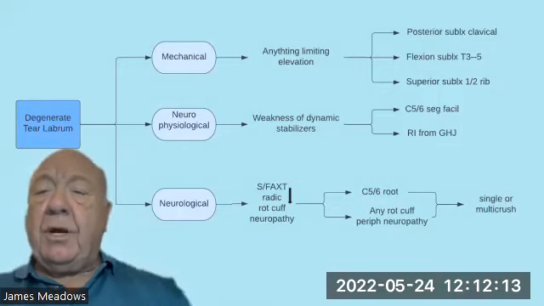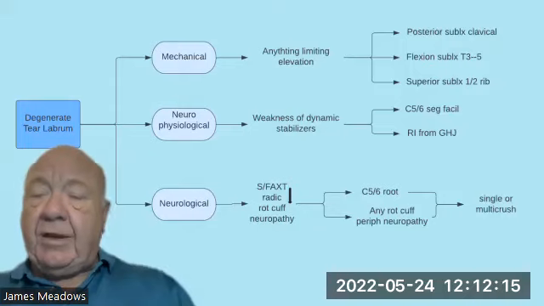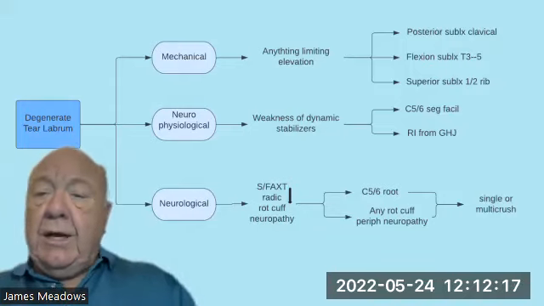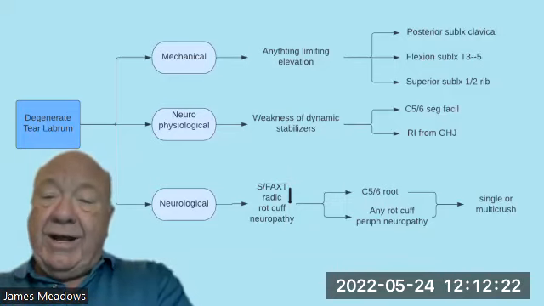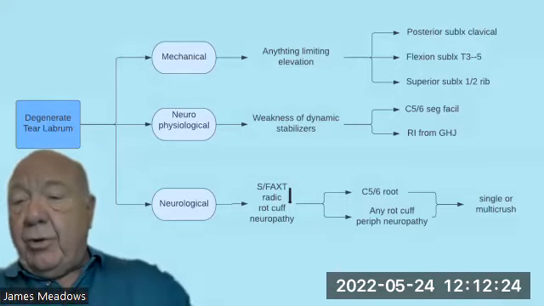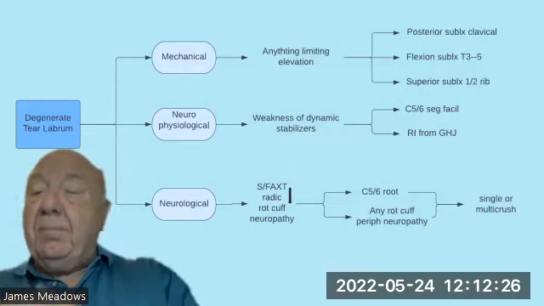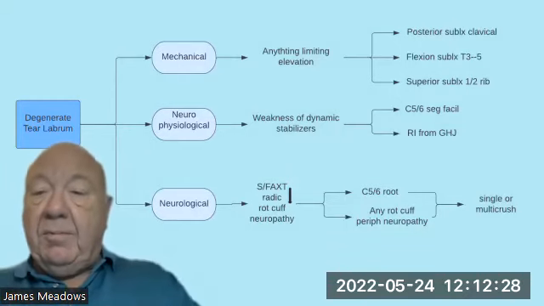So this could be caused by the AC joint not being able to take part in elevation as much as it should, where the clavicle should actually glide anterolaterally, because the scapula is gliding posterior-inferiorly. So if this is jammed backwards and it can't go forward, then the labrum may be beaten up.